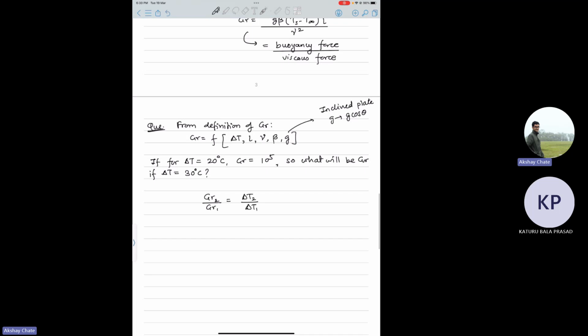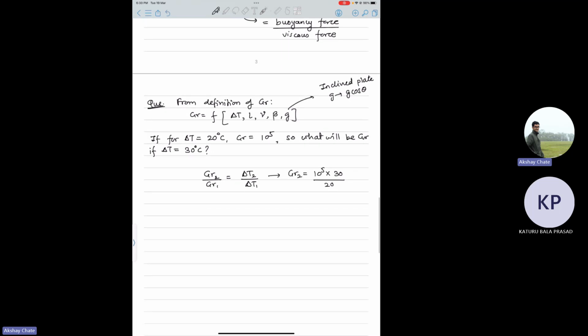So Gr2 is 10 to the power 5 into 30 divided by 20, the initial delta T. So basically it will be 1.5 times 10 to the power 5. I hope you get my point; small questions can be asked like that.